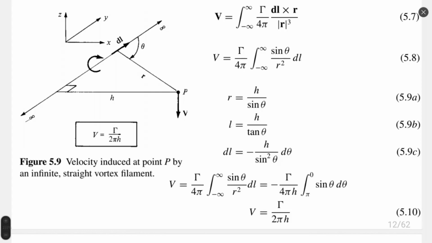From equation 7 to equation 8 is a transformation from Cartesian to polar coordinates, where equations 9a, b, and c show this transformation from Cartesian to polar coordinates.